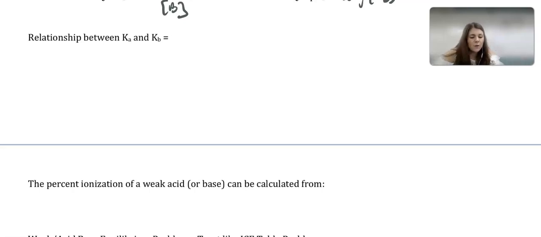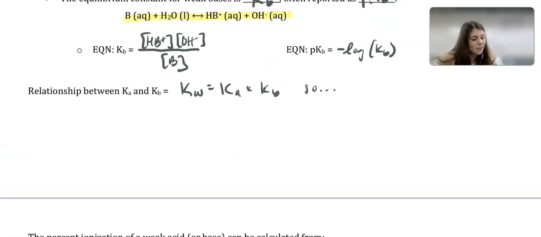All right, so let's now talk about the relationship between Ka and Kb. You'll see on one of the last couple equations on the acid and base section, there's an equation that says that Kw equals Ka times Kb. Knowing what we know about pKa and pKb, we can make the assumption that pKw equals pKa plus pKb. Now you may be wondering, why can a weak acid and a weak base equal Kw? That doesn't make any sense.